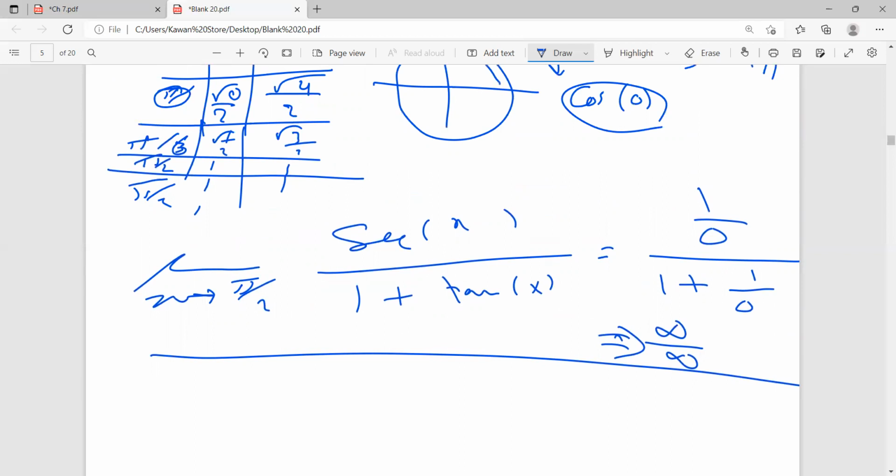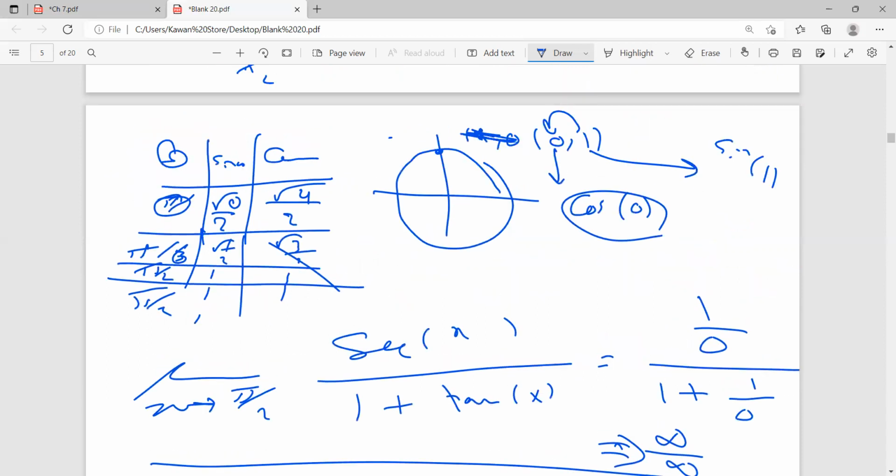You can use both, up to you. You can use that one, or maybe the angle is changed. But here, this one is more common. This is more functional, actually. We use it more. Any question? So you can use the circle, you can use the table, you can use the graph, up to you.